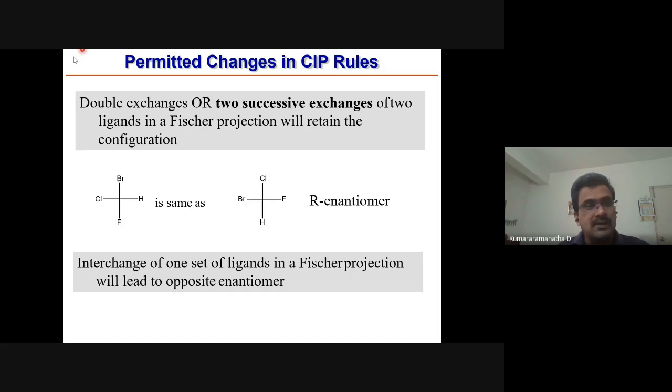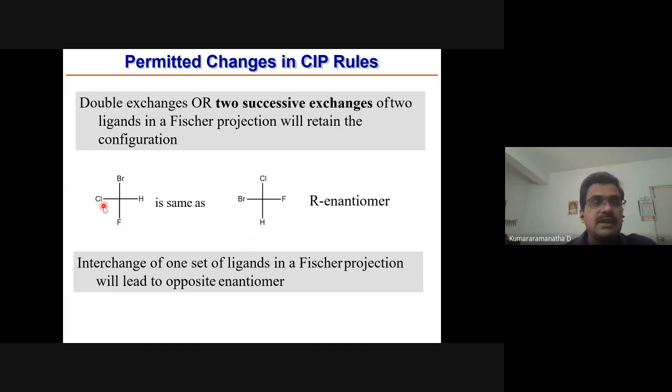So what exactly we are talking about is double exchanges, or 2 successive exchanges in a Fischer projection, will have the same configuration. Means you already exchanged once. Again you do a second exchange, then you get the same structure whatever you started with. Okay, same structure means the same assignment.